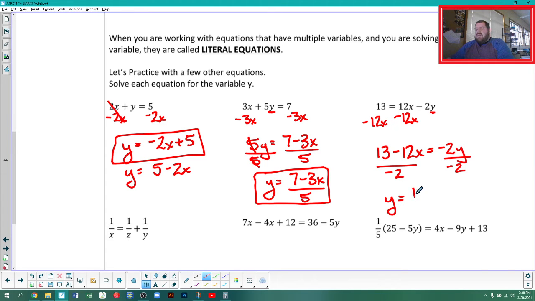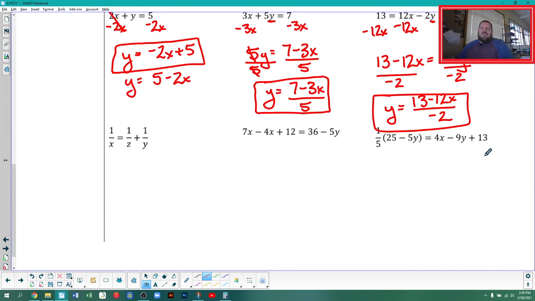And I'm going to leave this as ugly as it is. That would be 13 minus 12x divided by negative 2. I'm just going to leave that like that, even though it's very ugly. It doesn't look good. But if I knew what x was, that's the easiest way to tell what y is going to be.